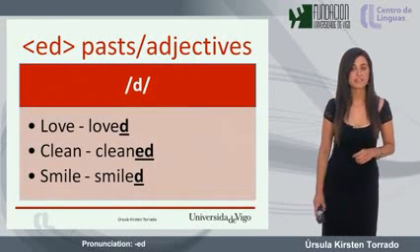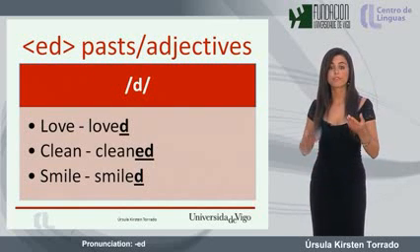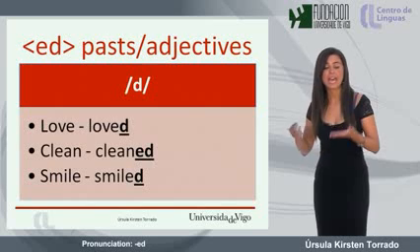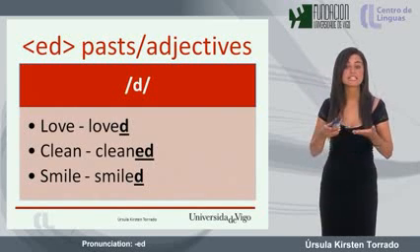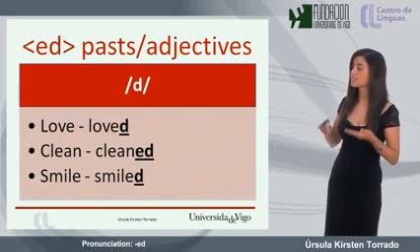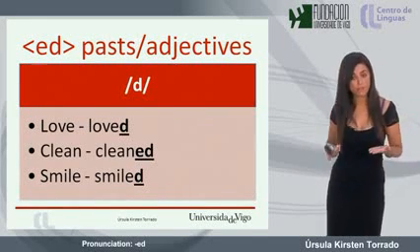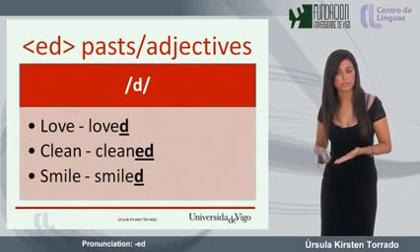Let's deal now with the D. When do we pronounce D? When the verb or adjective ends in a voiced sound. Which ones are the voiced sounds? Voiced sounds are all the rest of the consonants, all diphthongs, and all vowels.